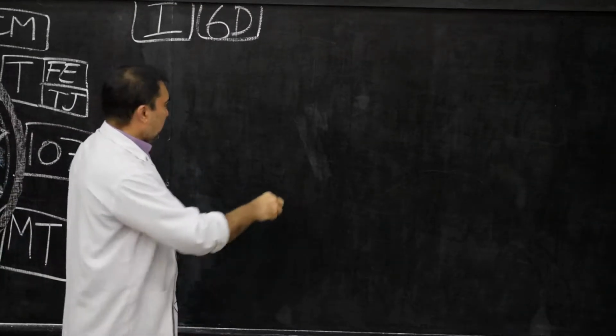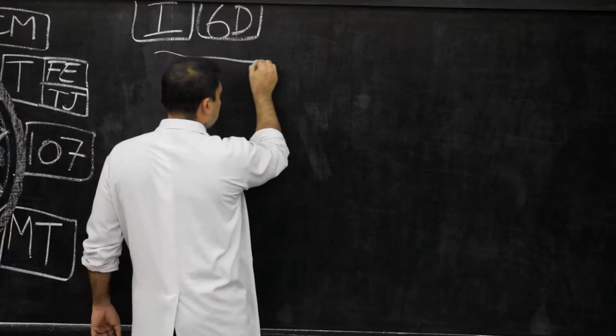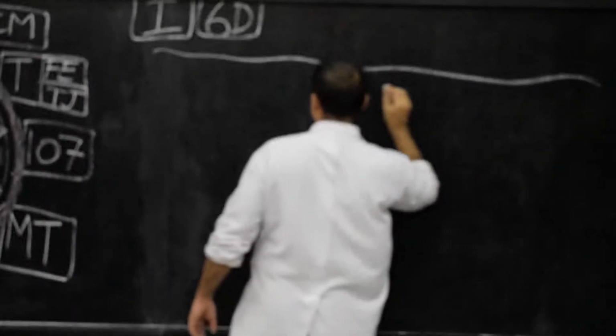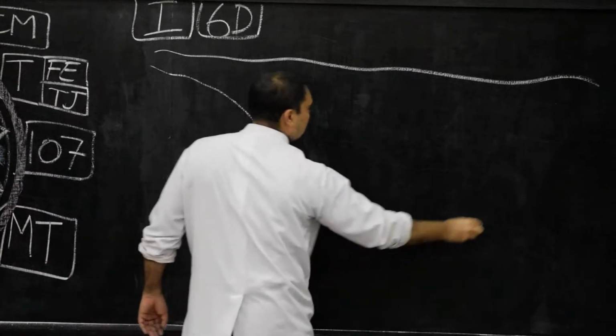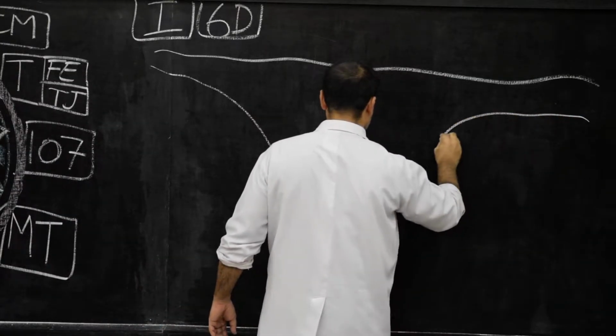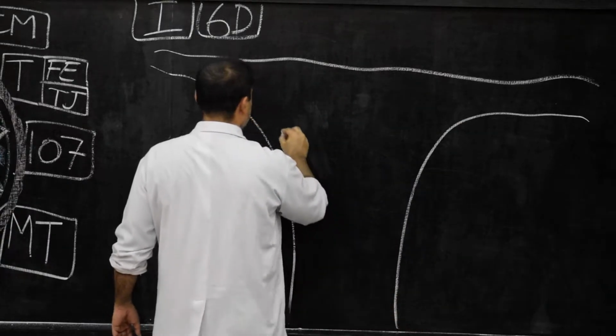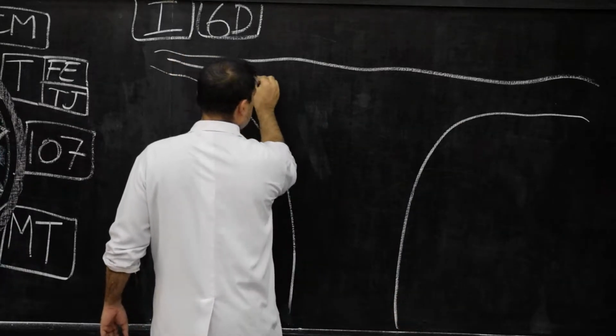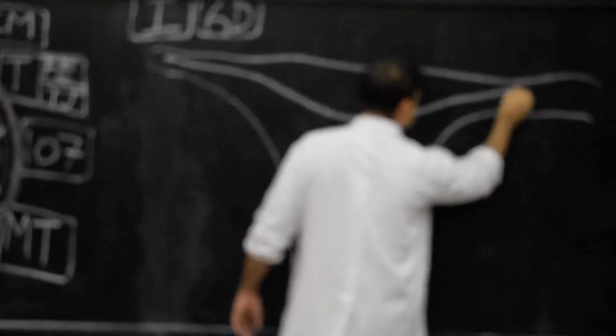In order to draw the implantation, it is very simple. Here we draw the fundus. On one side we show the uterine tube, and on the other side also we draw the tube. This is the fundus.